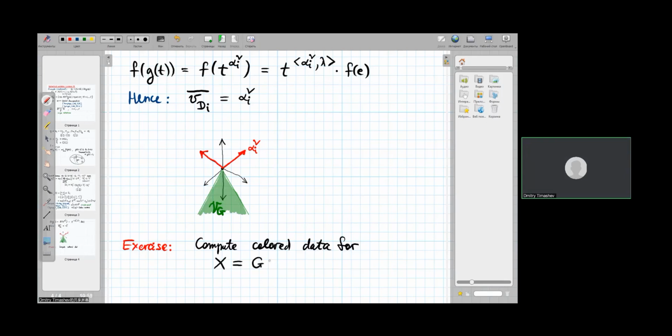The generalized flag variety G mod B, and also the quotient space G mod U, modulo the maximal unipotent subgroup of G. The computation here can be somehow reduced to the example which we just computed, but just try to do it. So let me finish the first half of my lecture at this point.